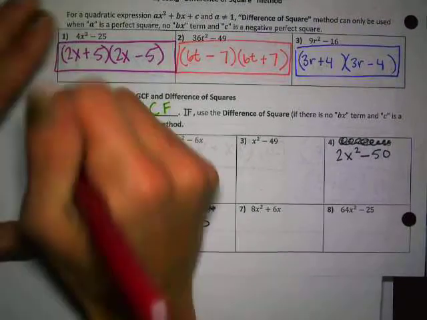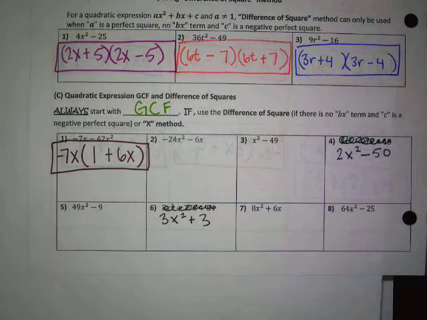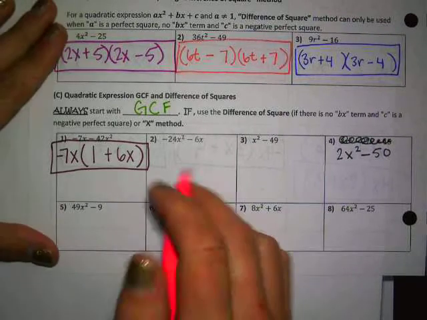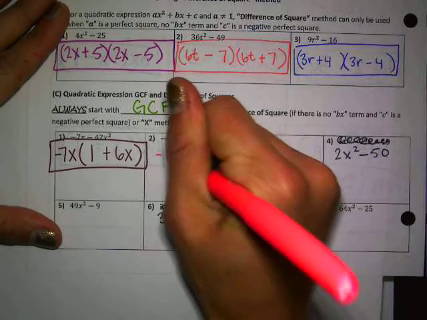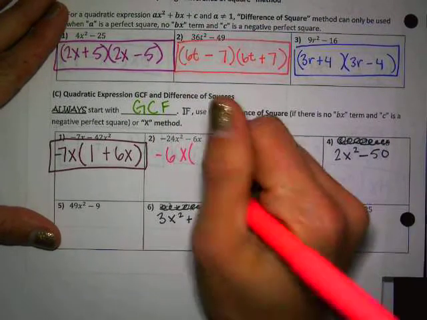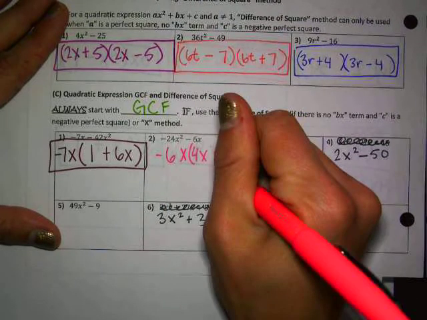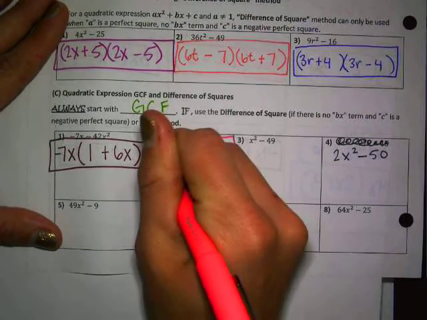You don't, so this is as far as you can go. All right, number 2. What's the GCF? Negative 6x. So negative 24 divided by negative 6, 4x, and then negative 6 divided by negative 6, plus 1. Because remember, if that first term's negative, take the negative out.